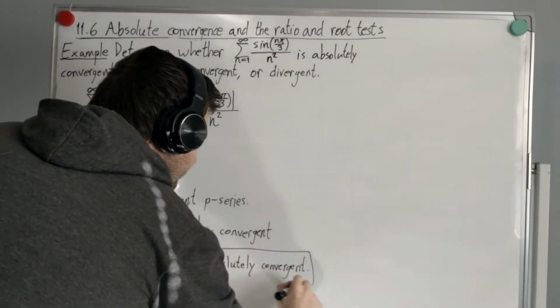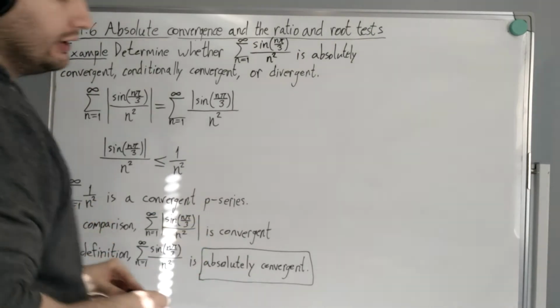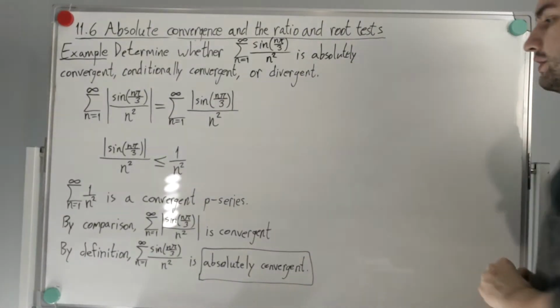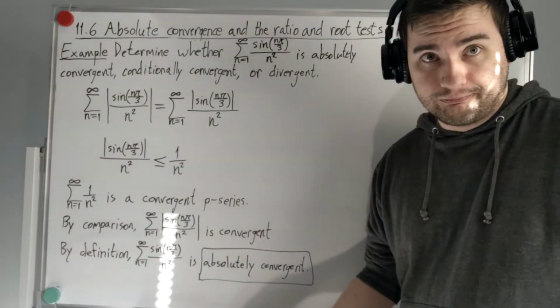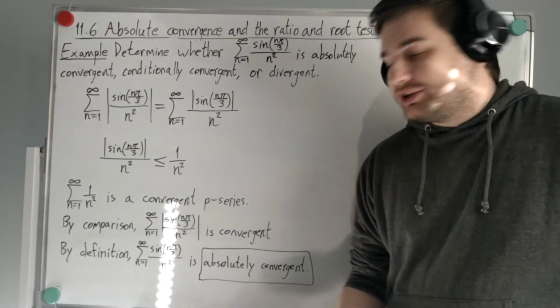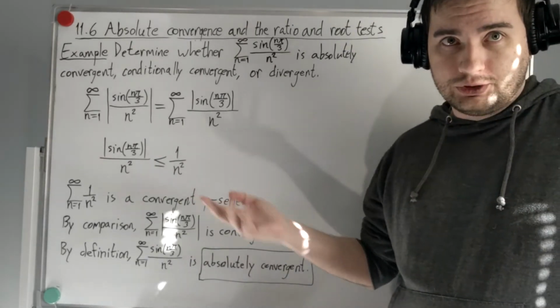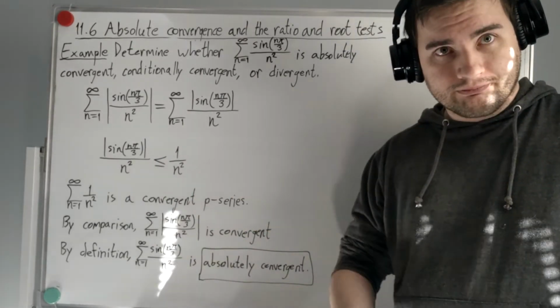And that's our answer. And this is important because if it's absolutely convergent, then that means it's also convergent, right? So this illustrates a new strategy for determining whether a series is convergent or not. If you can show it's absolutely convergent, you're done.